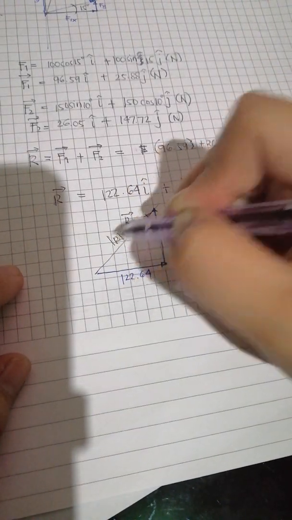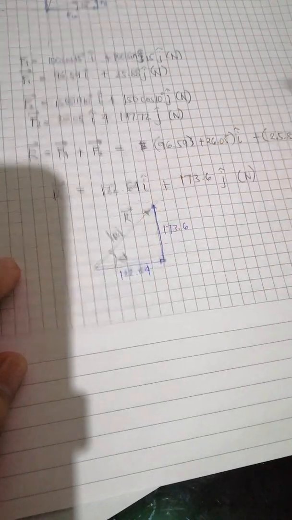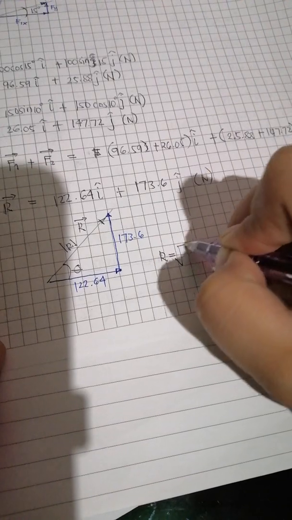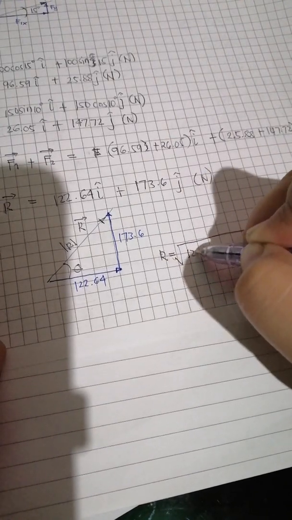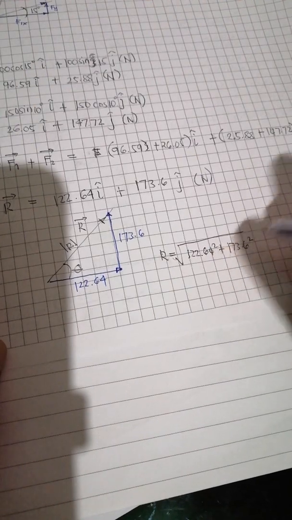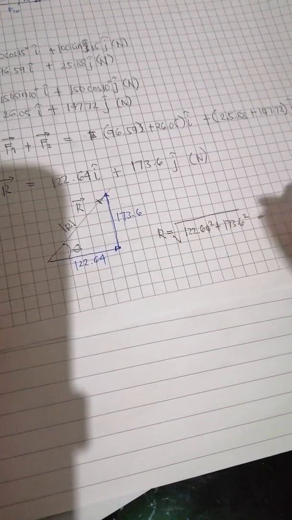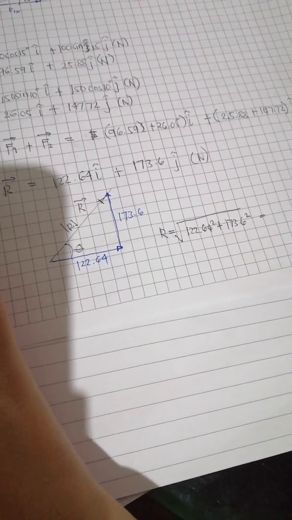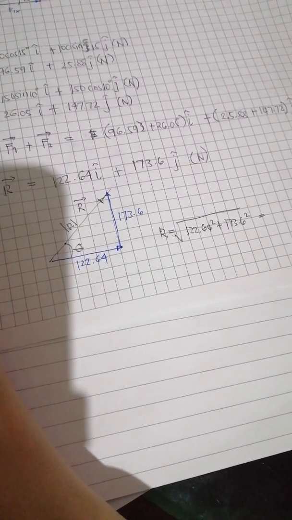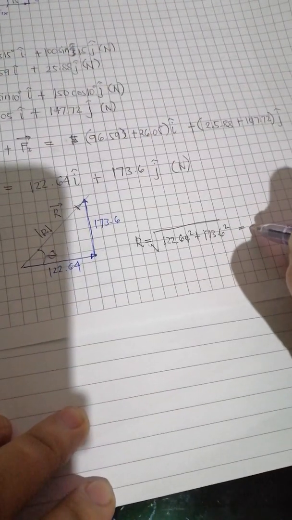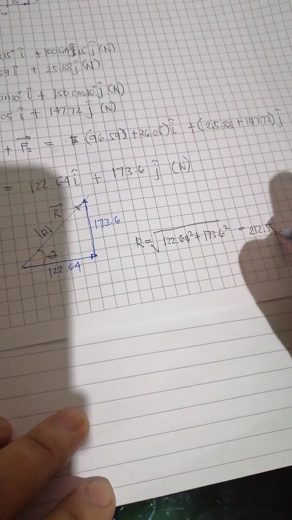So we need to get the magnitude and the direction. For the magnitude, Pythagorean theorem, square root of 122.64 squared plus 173.6 squared, that will be 212.55 newtons.